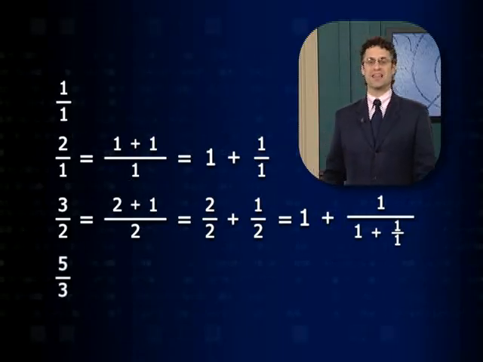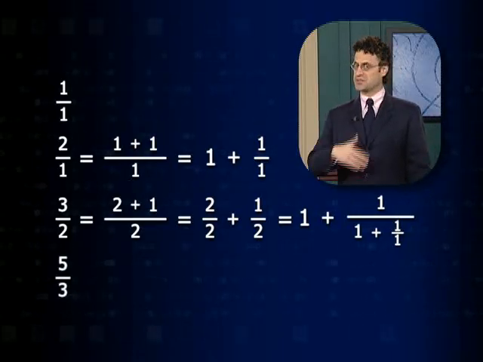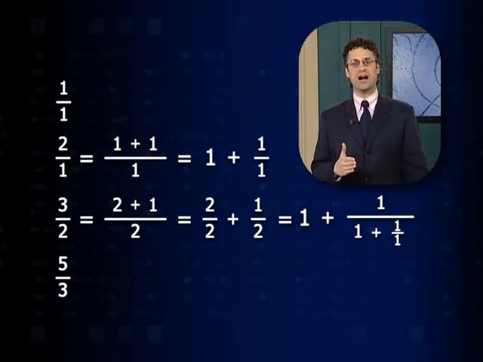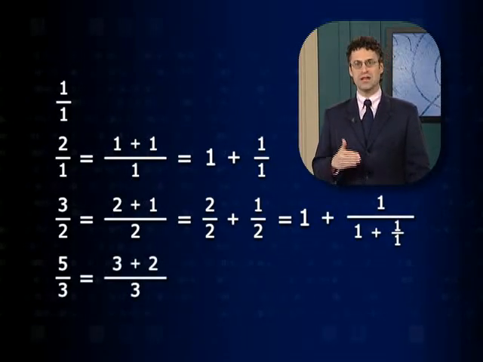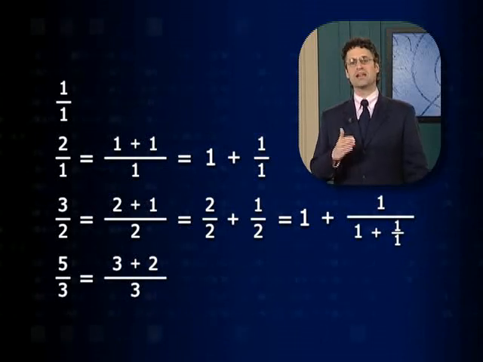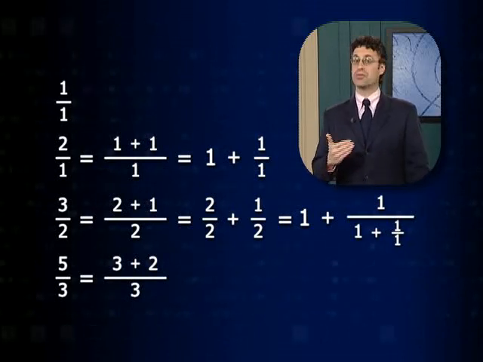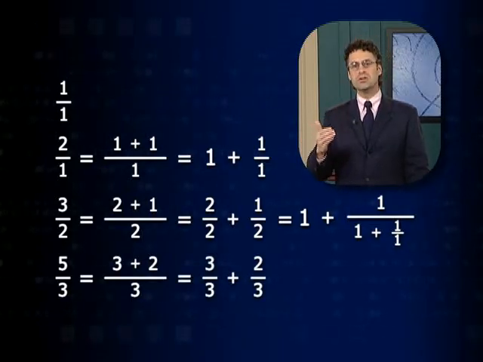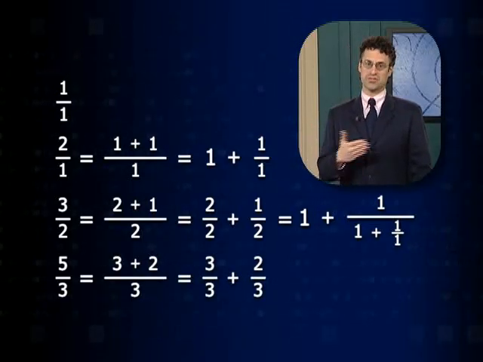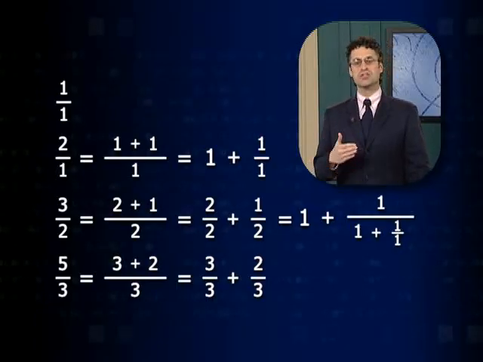Let's look at 5/3 now. I'm going to follow the same process. I'm going to write 5 by its defining trait within the Fibonacci list as 3 plus 2. Then when I break up 3 plus 2 all divided by 3 into two fractions, I see 3 over 3 plus 2 over 3. Well, 3 over 3 is just 1, so I see 1 plus 2/3.